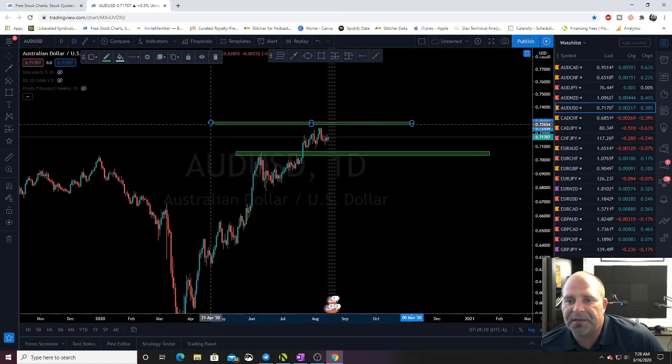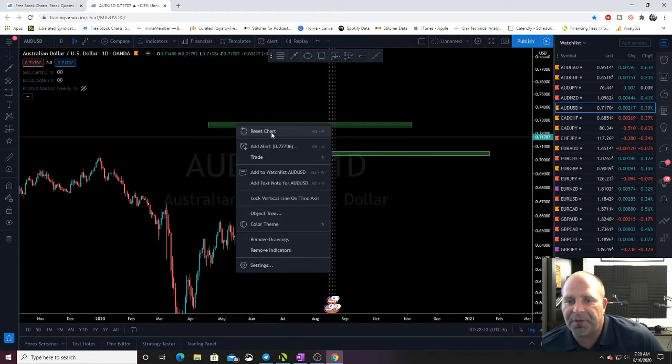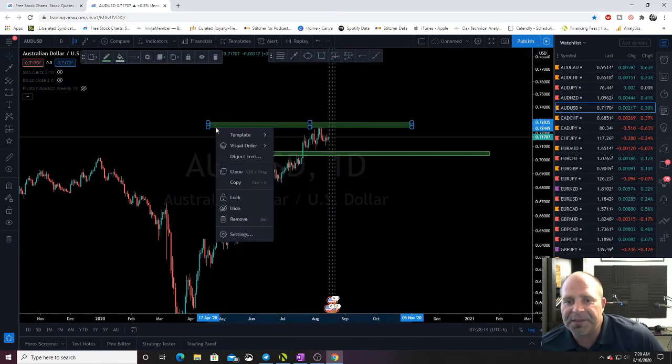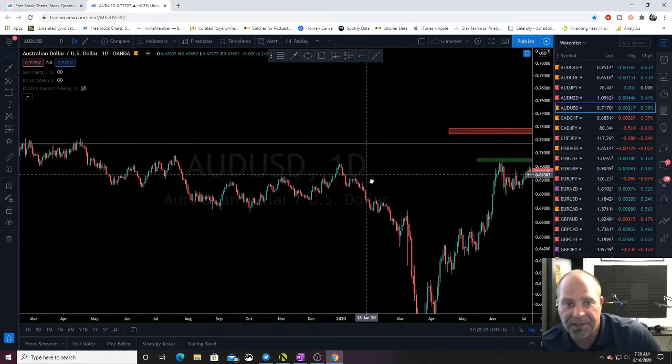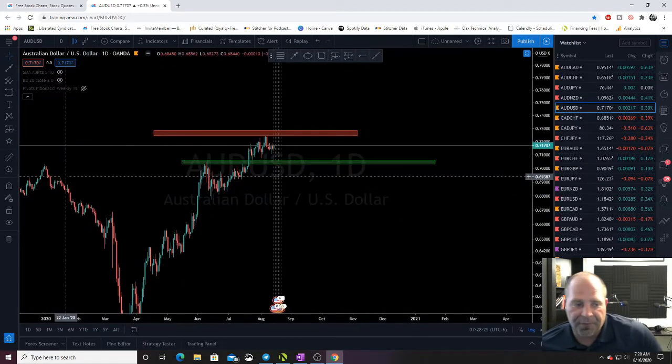Price is a little tight in there. So I'm going to call this a bearish zone, but really we're just making ourselves aware that we are testing a former high, a recent former high.